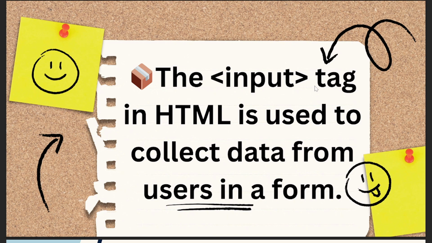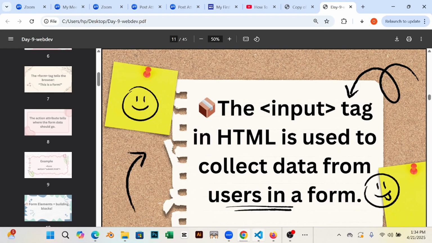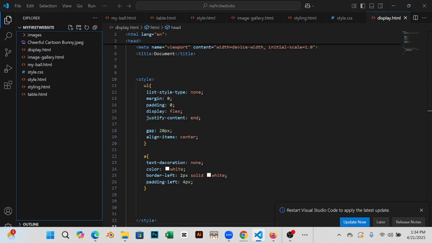The input tag in HTML is used to collect data from users in a form. The input tag is actually where you type in what you want to type in. You want to type in your name, you want to type in your number. The input tag does the job for you. And just so we don't talk too much, I will be going to the VS Code where I will show you what I mean by input.